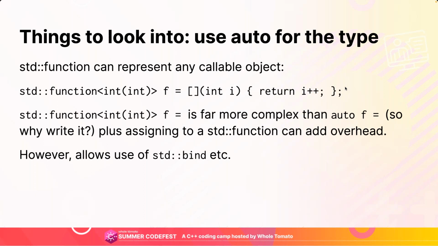What you wrote on the left-hand side is captured on the right-hand side, and the only reason to do it is if you actually explicitly need a std::function. Also, interestingly, assigning to a std::function can add a little bit of overhead, probably extremely minimal, but it is there. However, if you need a std::function, such as if you want to use std::bind or related capability, then you can do it.